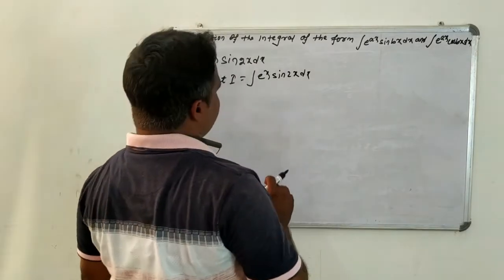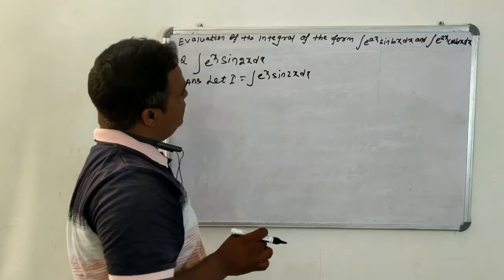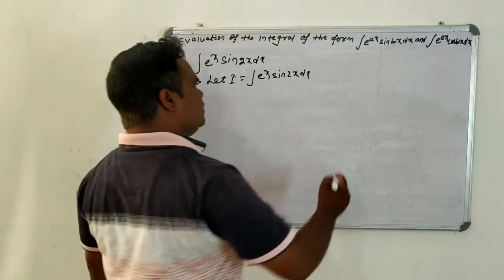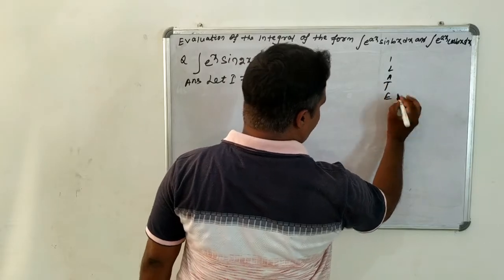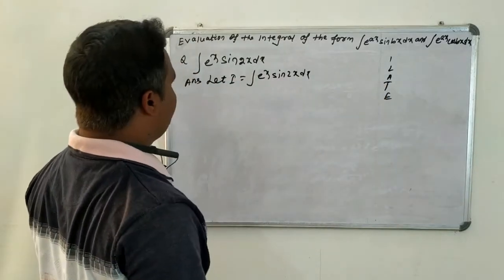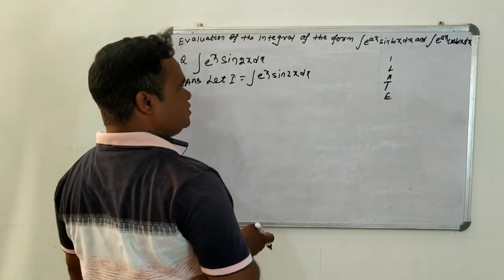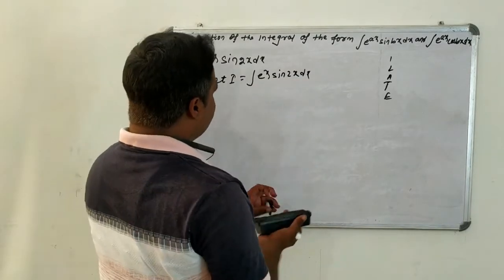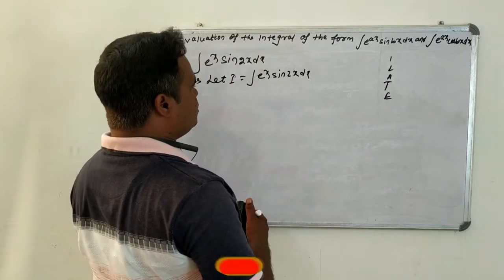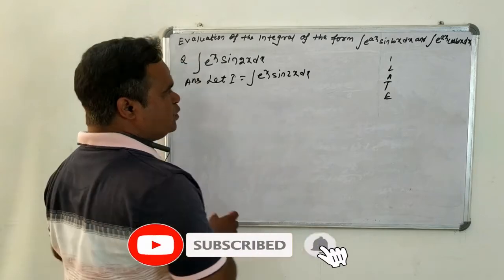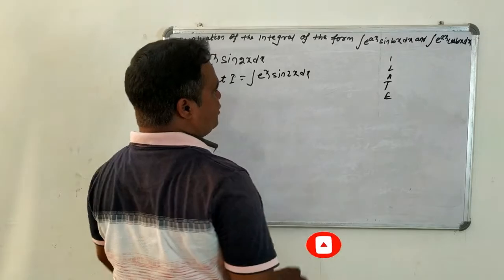Firstly, these are two functions, e to power x and sin 2x, multiplied in integral form, so we use the ILATE formula. What is the ILATE formula? First of all, among these two functions, we decide which is the first and which is the second function. Among exponential and trigonometric functions, by the rule of ILATE, the trigonometric function is the first function and the second function is the exponential function.